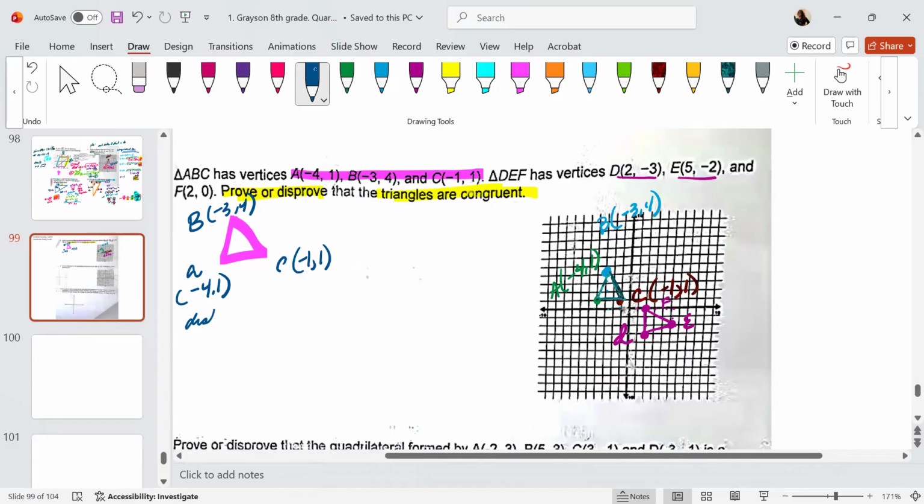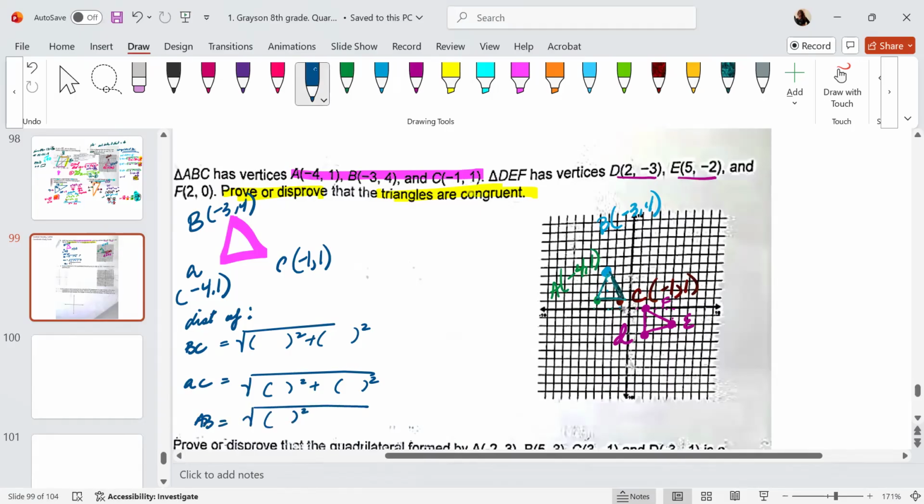So we need to find the distance of the following. BC, right? AC, and AB, right? Okay.